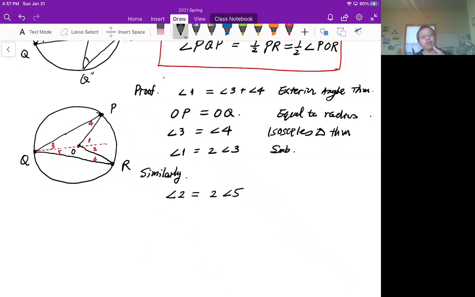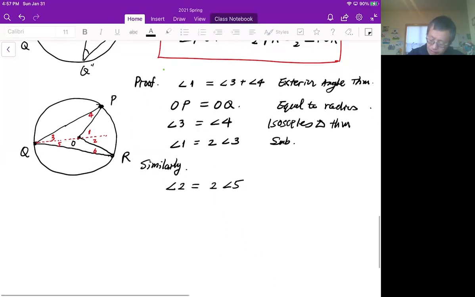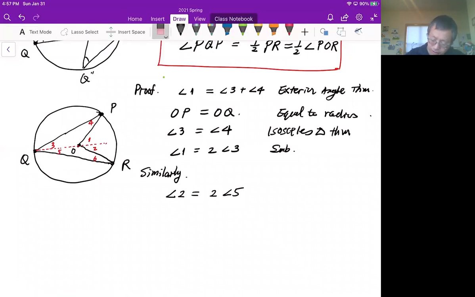I just work on the triangle on the other side. Angle 2 is angle 5 plus angle 6, and angle 5 is the same as angle 6, and therefore by substitution it is 2 times angle 5.